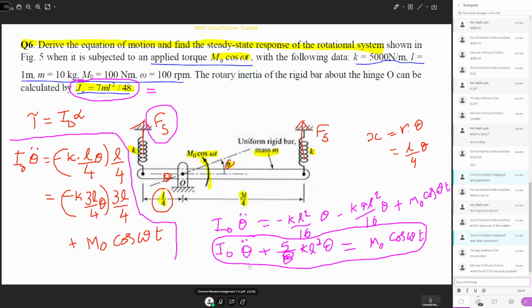Can someone give me the value for the moment of inertia? How much is it? Can someone from online give the answer? Has anyone calculated online, guys?